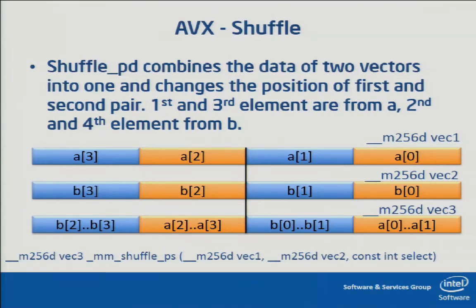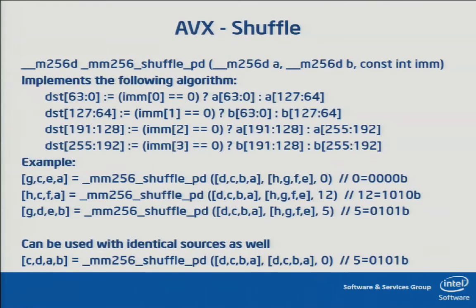So what we do is shuffle within the lane. But you can choose either value 0 or value 1 from the first, or 0 or 1 from the second source. So you can mix them and rearrange them in the same step. And you do that again via a constant integer select or control. And this is an example of how it is done. Basically, this is the algorithm that is implemented.